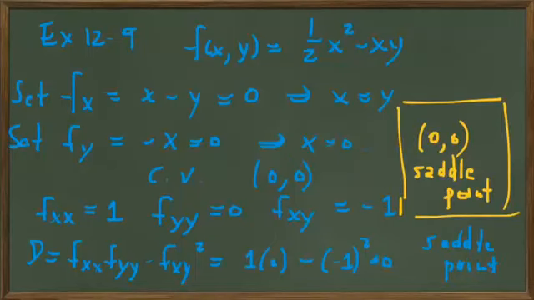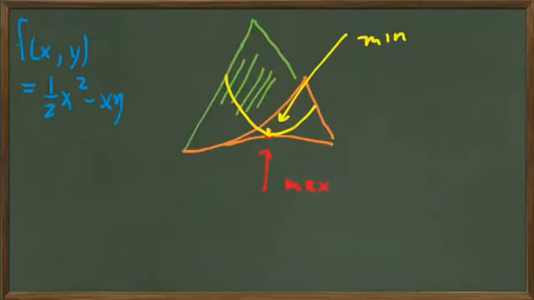So these kinds of points are called saddle points because they actually look like a saddle. The surface looks like a saddle. Let's show a plot of this function on the next blackboard. So here on this blackboard we have a rough sketch of this function f of x, y equals 1/2 x squared minus xy. And you can see that if you move in this direction here, and so you trace out the graph like this, that you wind up having a relative maximum point with respect to this arc right here.